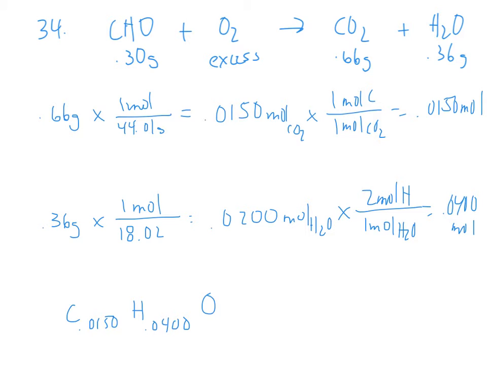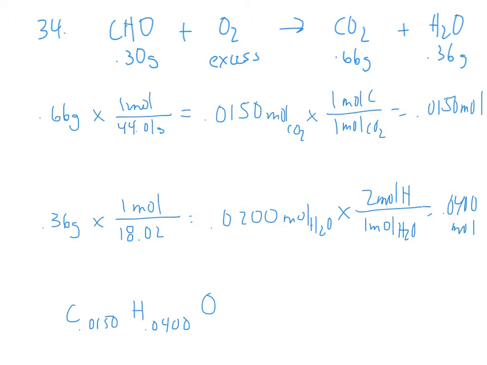So you could do this a couple of ways. You could add up the 0.66 and the 0.136 and figure out how much excess oxygen there was, and then figure out how much oxygen was in the CHO. Or I could convert my 2 molar amounts here.